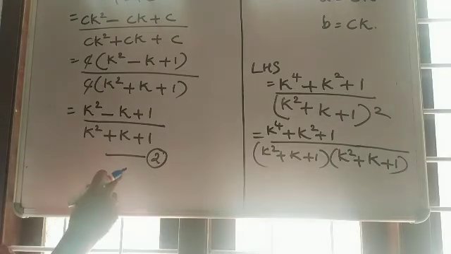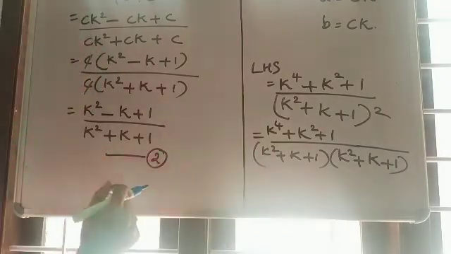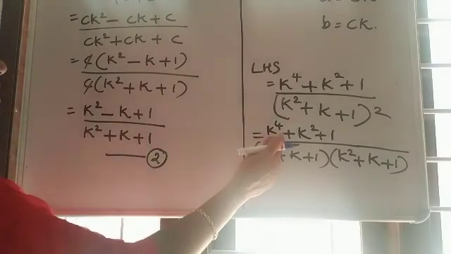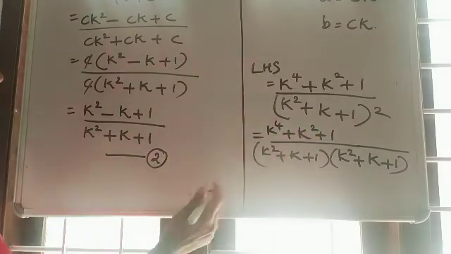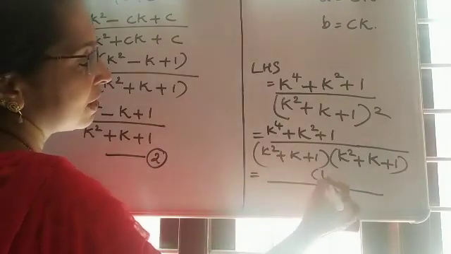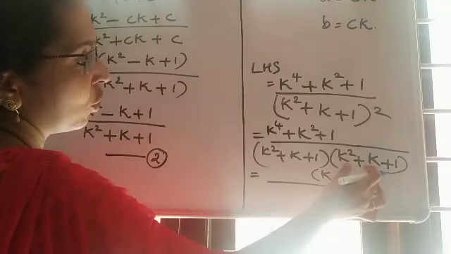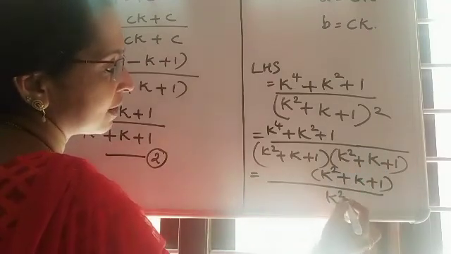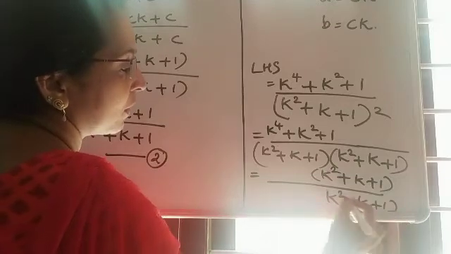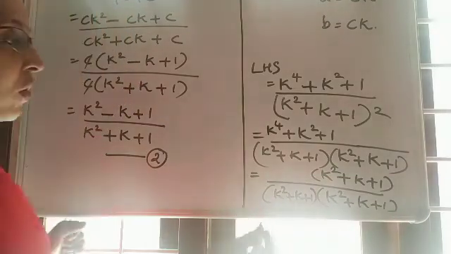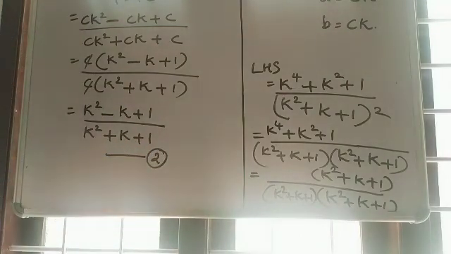So look at equation number 1 and equation number 2. This is equation number 1, no? K raised to 4 plus k square plus 1. So how did we write this? Depending upon this denominator, we are replacing this with k square plus k plus 1, then only we can cancel this, no? So one easy method is what? Look at the RHS.